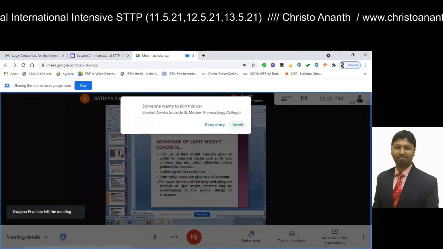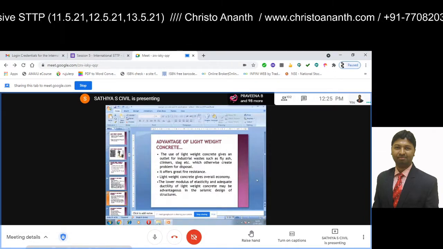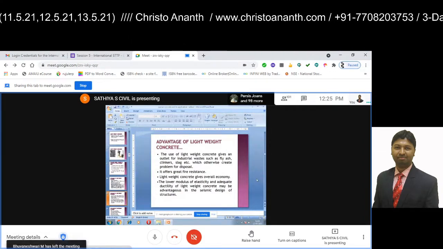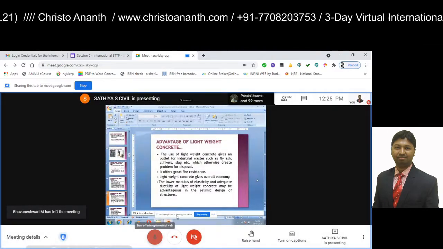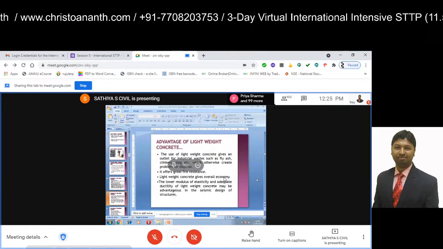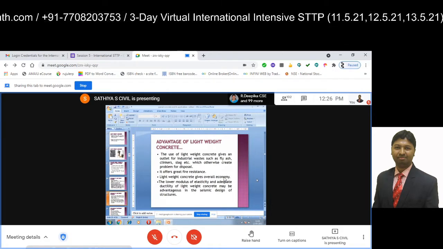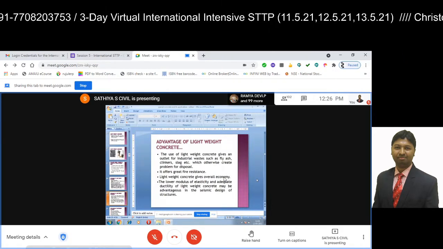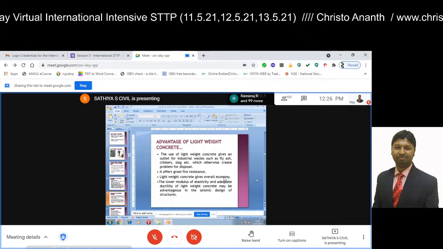Then there are some more advantages. The use of lightweight concrete gives an outlet for industrial waste such as dryers, liquor, slag, etc., which otherwise create a problem for disposal. Nowadays, we are replacing with industrial waste. It is brought from industry and we are using it in the preparation of concrete.